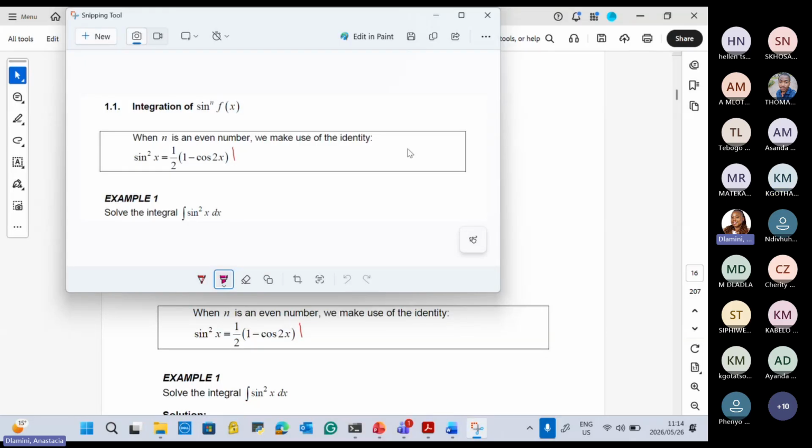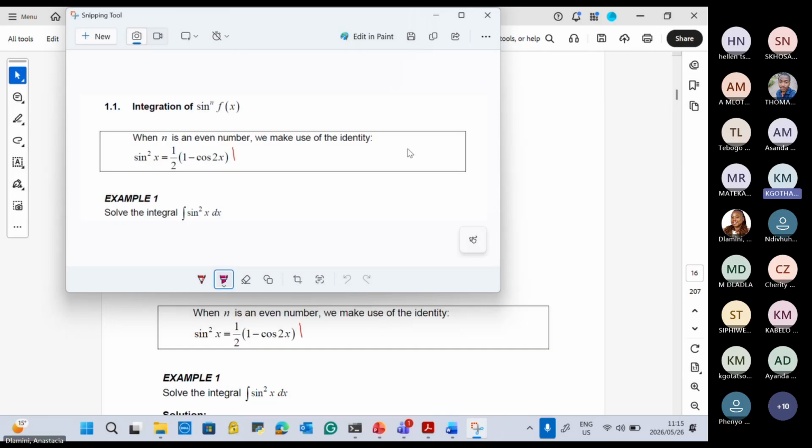Yes, because sometimes trying to integrate sine to the power of a half might not be easy using the simple techniques that we have learned here, meaning that you will need to use numerical integration.